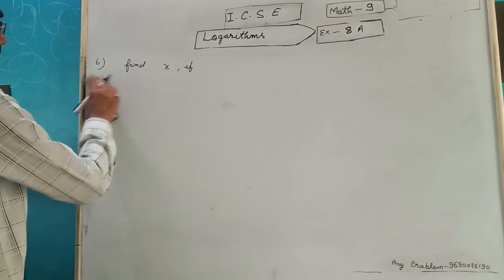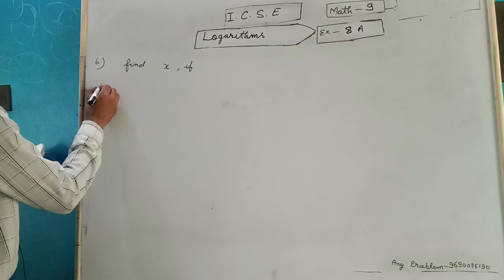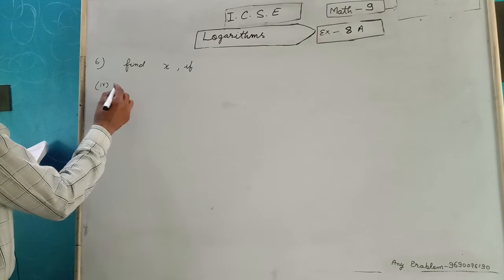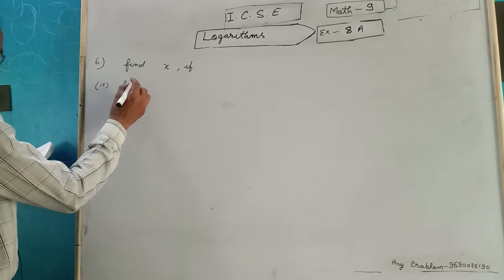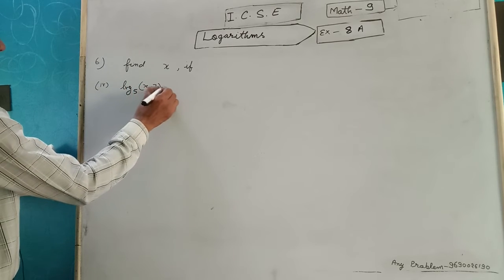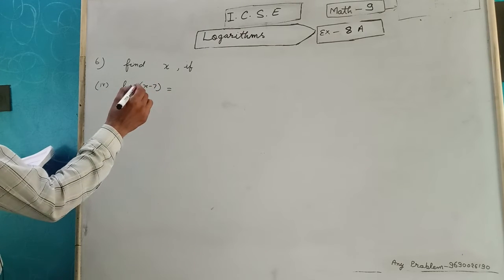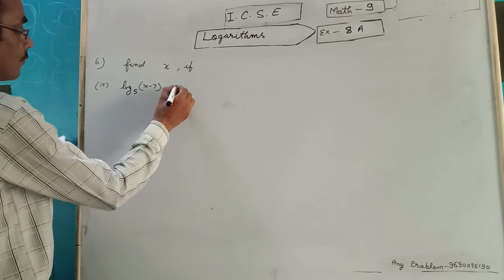Fourth part is log base 5, x minus 7 is equal to 1.